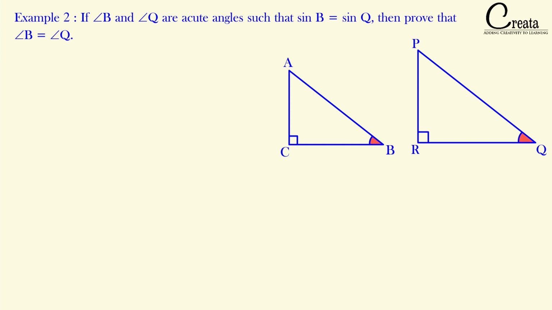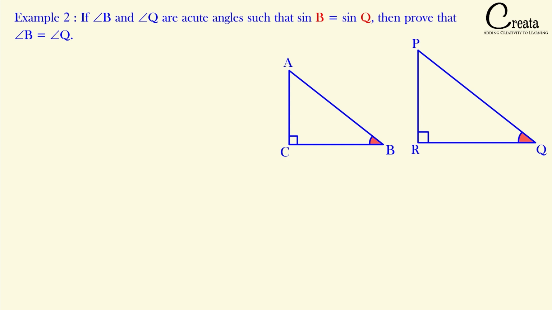Why have we taken angle B and angle Q as trigonometric angles? Because in the question it is given sine B is equal to sine Q. Sine B and sine Q, the angles used are angle B and angle Q. So our trigonometric angle for the first triangle will be B, and for the second triangle will be Q. Got it? So these are the two triangles, and we have to prove angle B and angle Q are equal to each other.